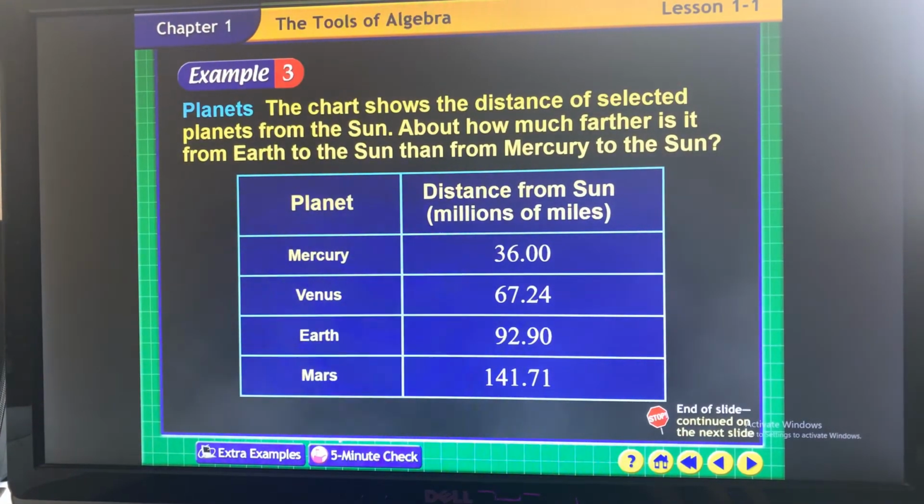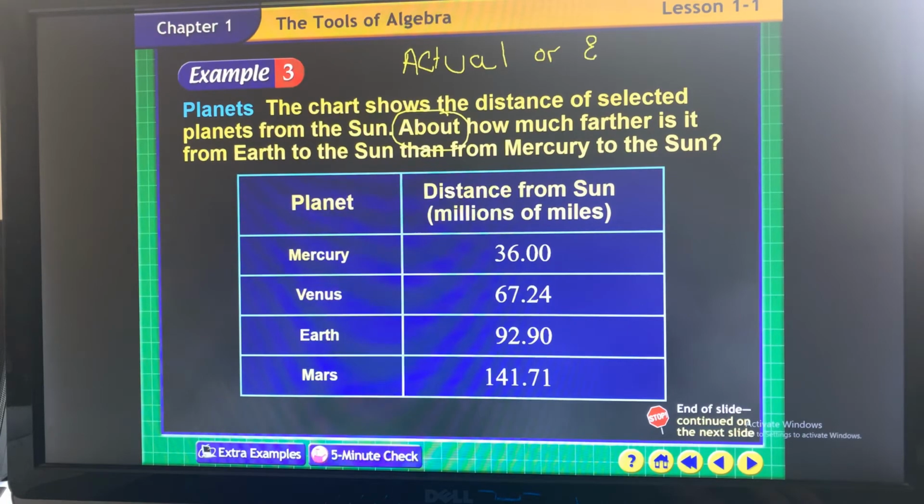The chart shows the distance of selected planets from the sun. The key word here is about. So remember, it was going to ask you what form of computation would you use? My question is, would you give me an actual answer for this problem, or would you estimate?